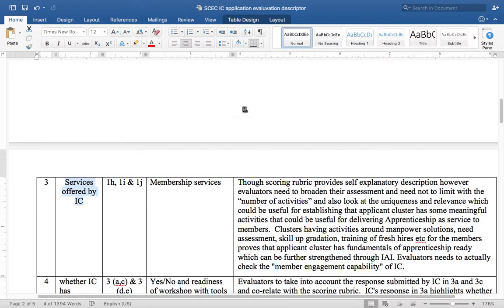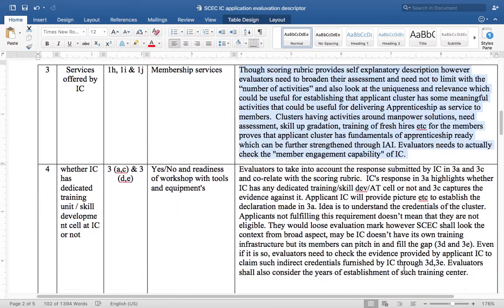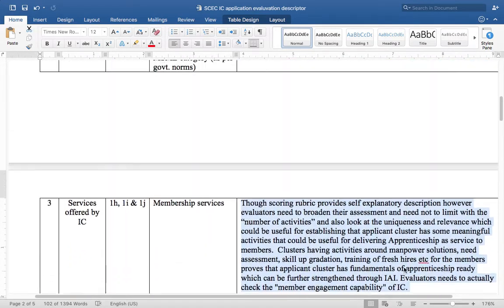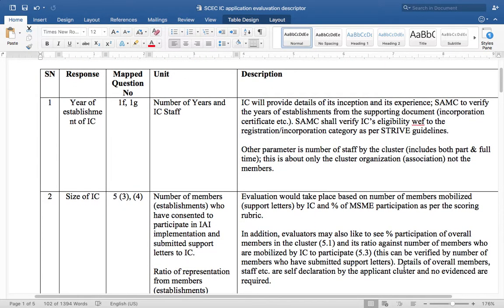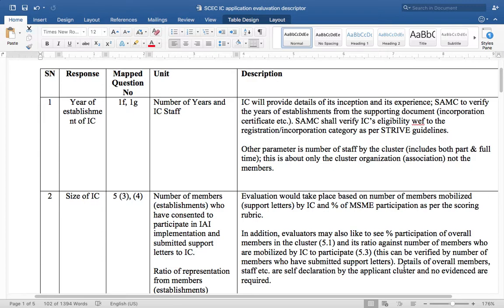This document helps you understand which evaluation category is mapped with which evaluation questions of the IC application form, and then the description of what you are going to actually analyze and assess. The detailing of the description will help all the state cluster evaluation committee members understand the concept of the assessment and also be well versed with the subject of IAI.